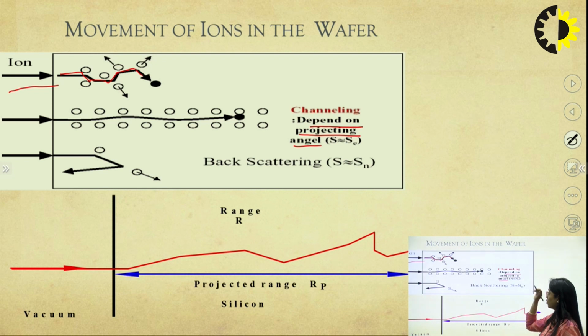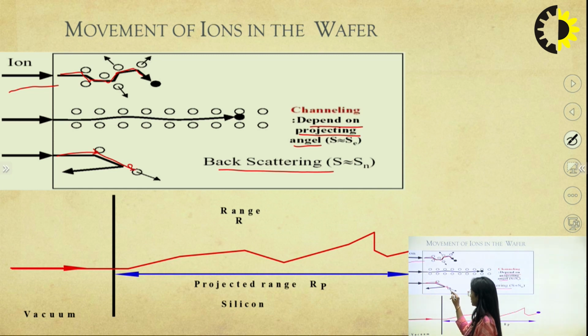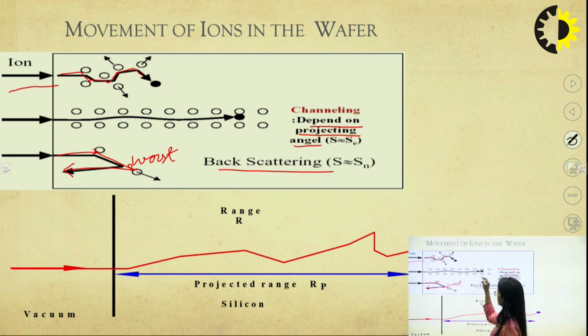So, this is called channeling, and there is also a process where backscattering is taking place. Backscattering means there was a molecule here, it hit it, after hitting this it gets back. So, this is the worst case and this is the best case, channeling.